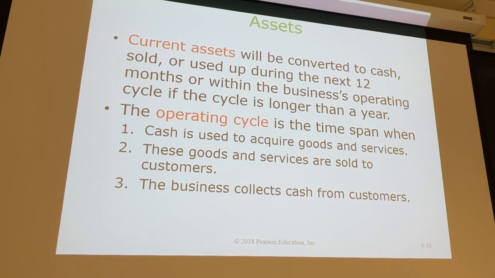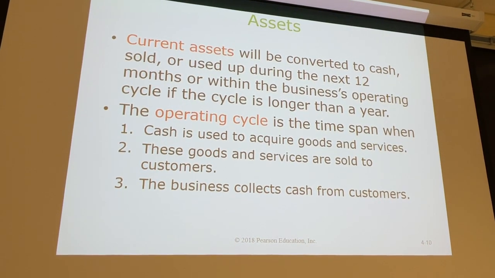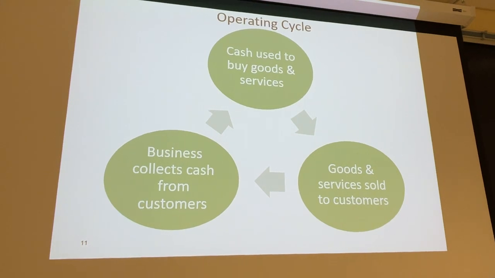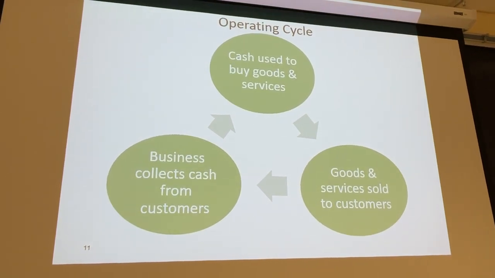Then we have to define what we mean by operating cycle. Here's a diagram that shows us what we mean by the operating cycle. It's basically the period of time between when cash goes out the door to when cash comes back in the door.